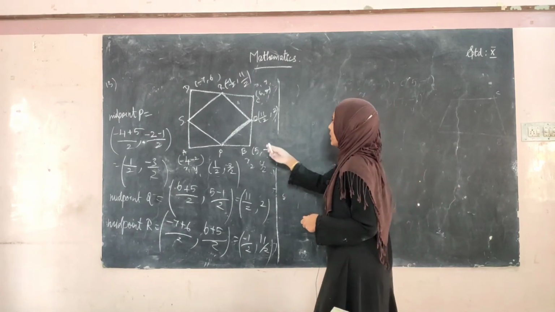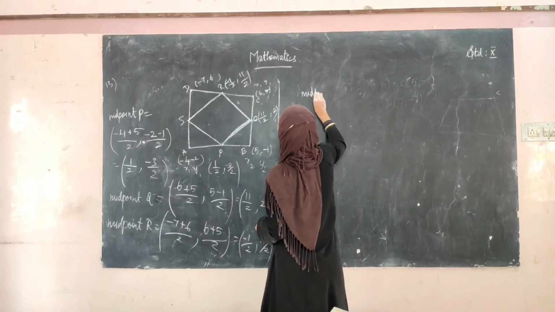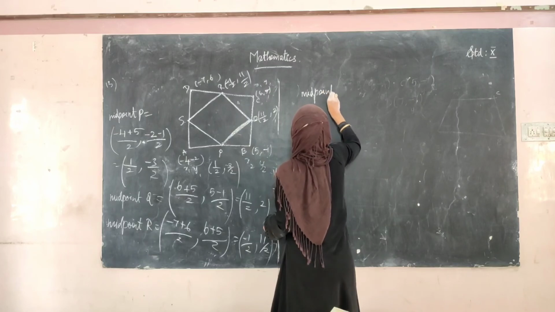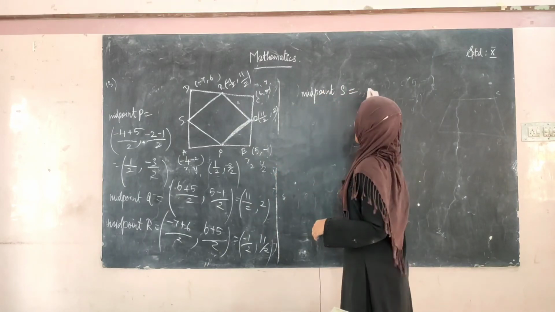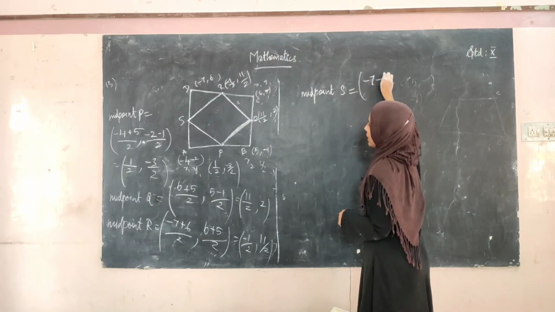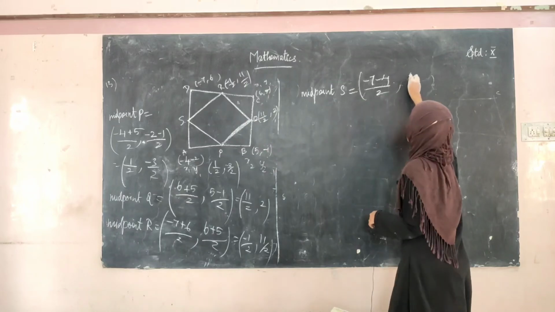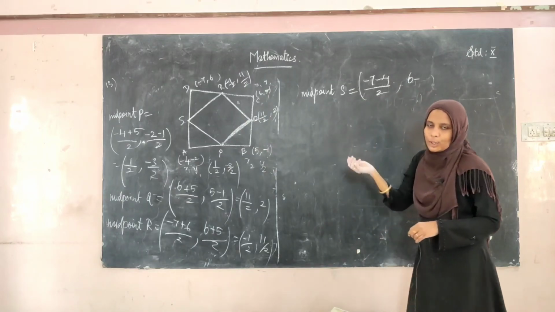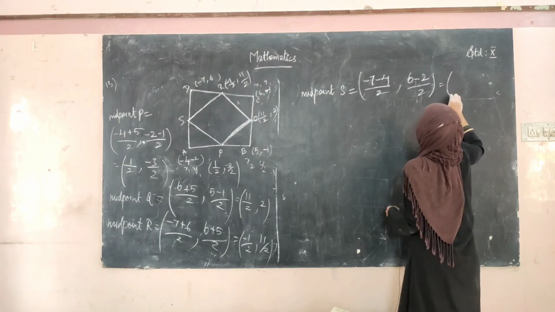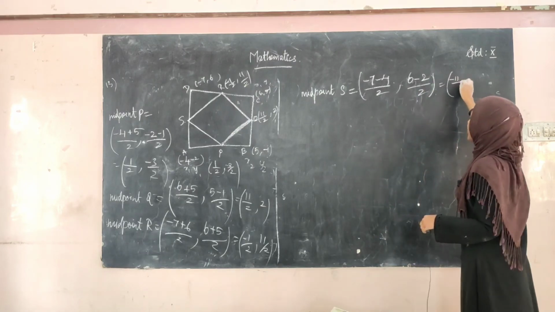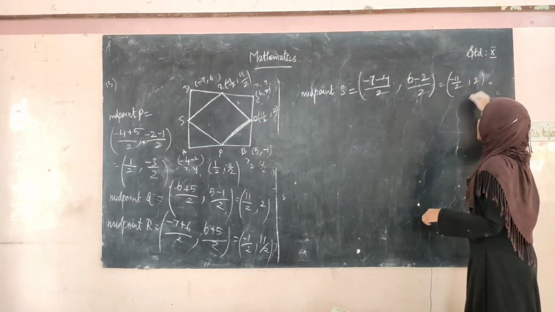Okay, so you have to find the midpoint of S. Midpoint S is equal to, so x1 plus x2, that is minus 7 minus 4 divided by 2, comma 6 minus 2, right? 6 plus of minus 2 becomes 6 minus 2. 6 minus 2 divided by 2 is equal to, this is minus 11 divided by 2, comma, this is 4 divided by 2 is 2.